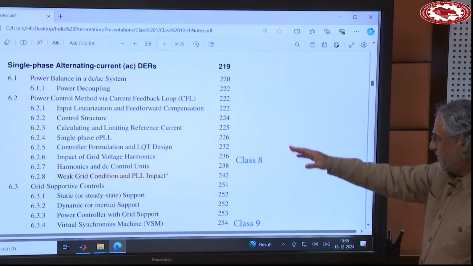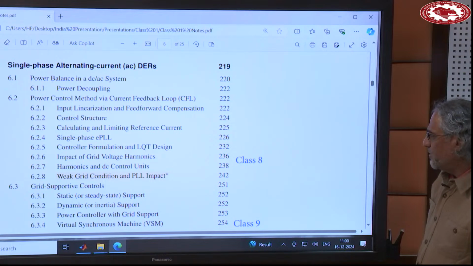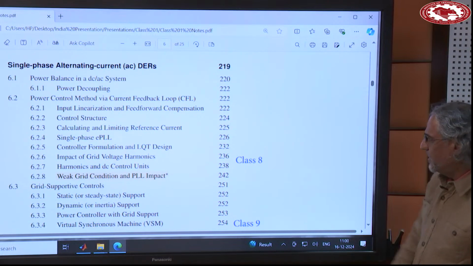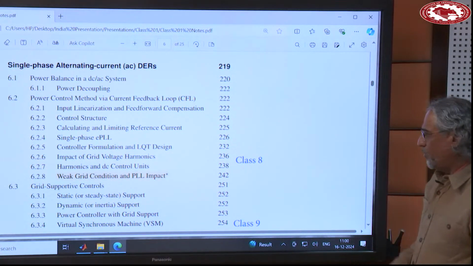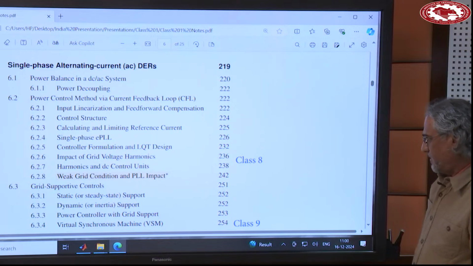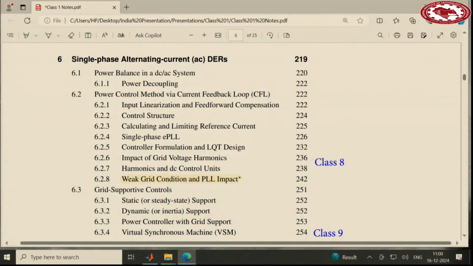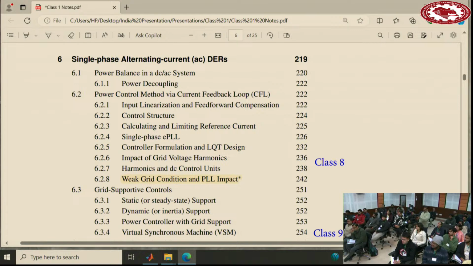One new thing that, especially here, we will go into in a little more detail is the phase lock loop, because when we go to AC systems, we also need phase lock loops in grid connected. So there is a separate section here on phase lock loops, harmonics and issues related to harmonics, and DC current control. So we go into that.